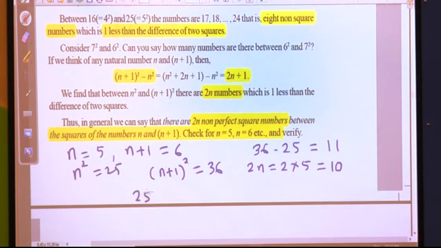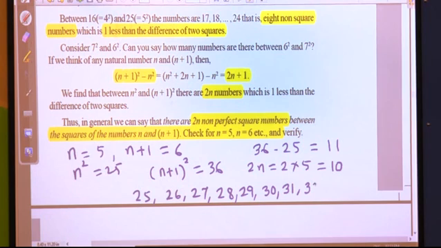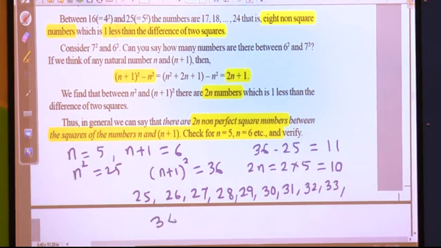After 25 we have 26, 27, 28, 29, 30, 31, 32, 33, 34, 35, and this is 36.